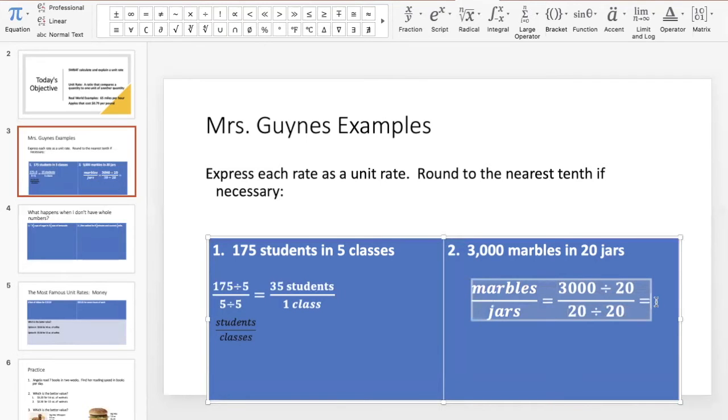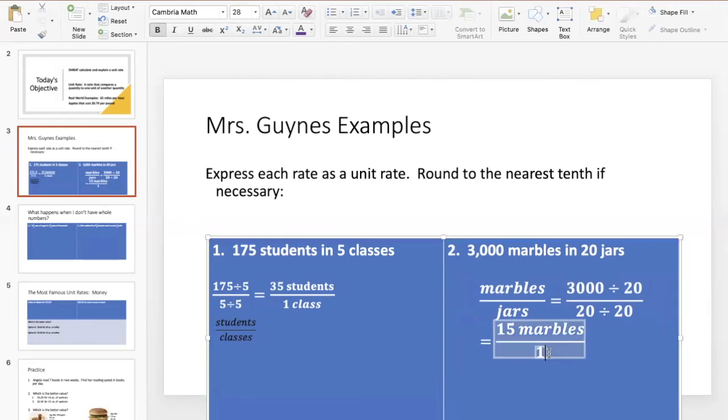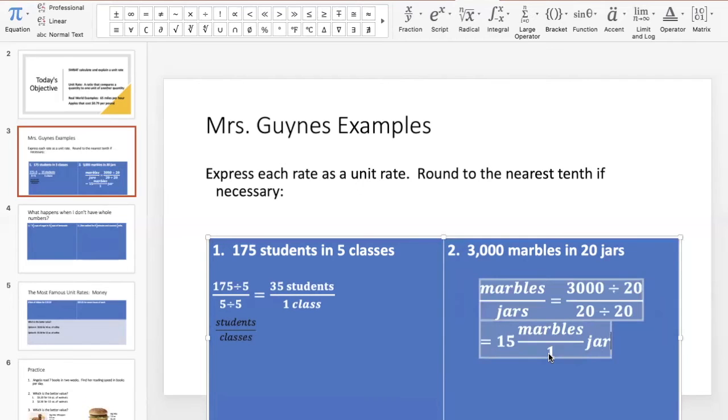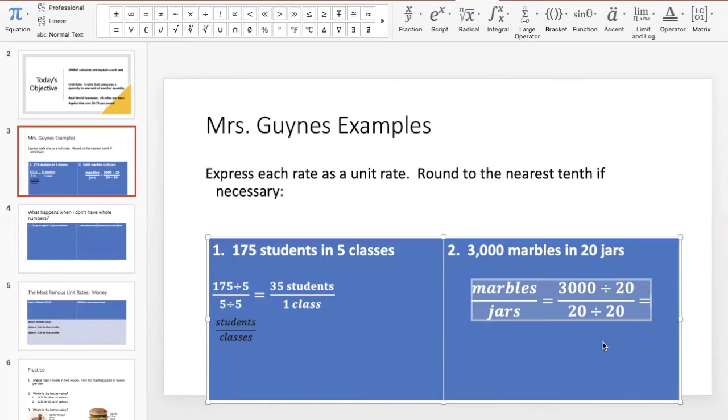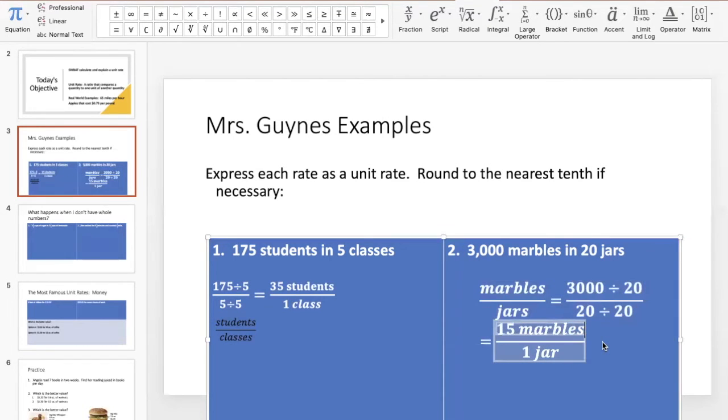So 3,000 divided by 20 is 15. 20 divided by 20 is 1. So my unit rate is 15 over 1. But this is a unit rate, so I have to understand what that 15 means. So it's 15 marbles over 1 jar.